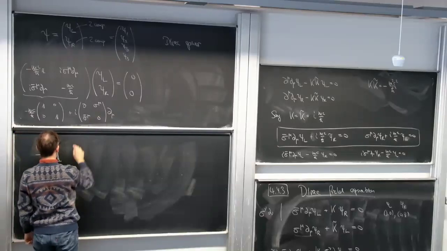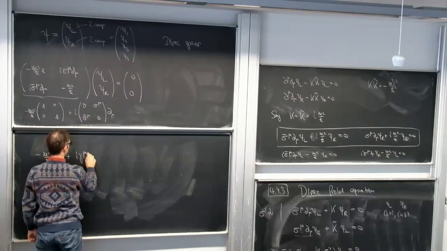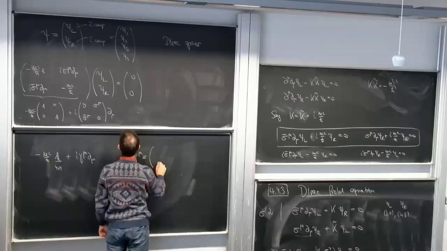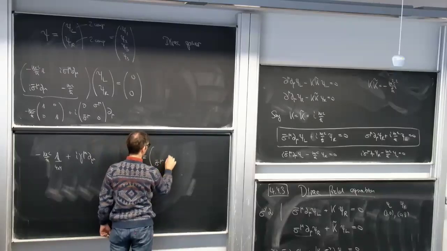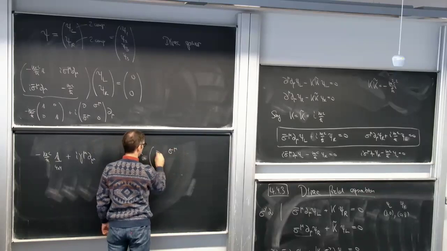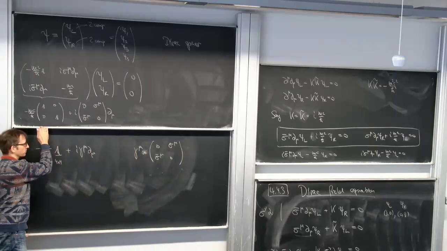And then here, I'm going to just call this gamma mu d mu, where gamma mu is defined by this. So define, because I want to be able to write it more compact.